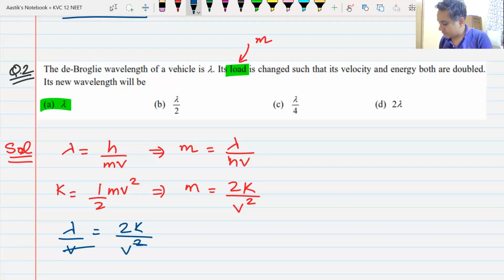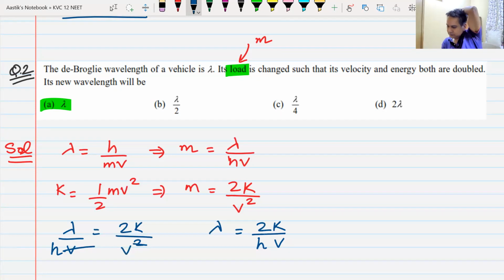One v goes away. There is one h also here. So I can now write lambda will be 2k by h into v. Have I done it correctly?